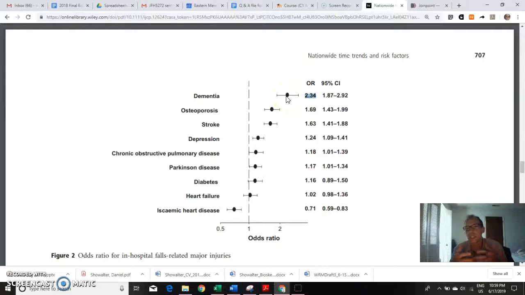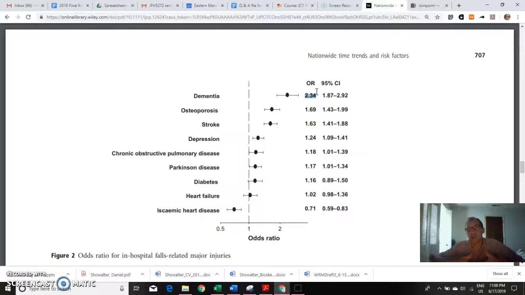What that tells us is the patients, based on the data set we're looking at here, who were admitted into the hospital with dementia, the odds of them falling and having a major injury while they were in the hospital is 2.34 times as high as the patients who did not come in with dementia. A pretty drastic difference. And this is the actual difference that they saw in the data set, in the thousands of Danish patients that they mentioned.